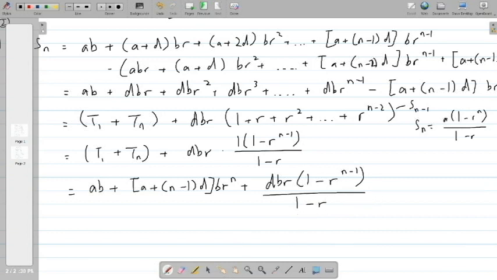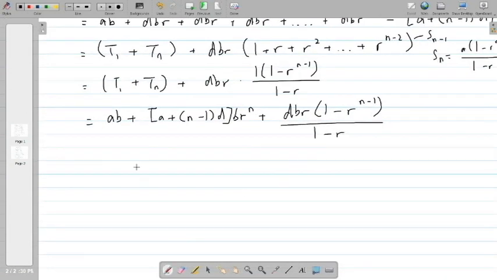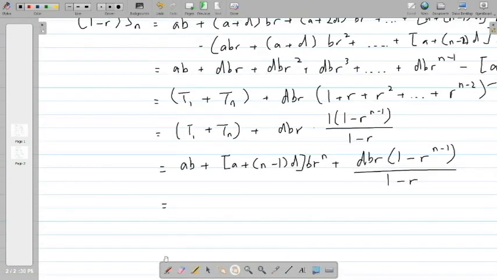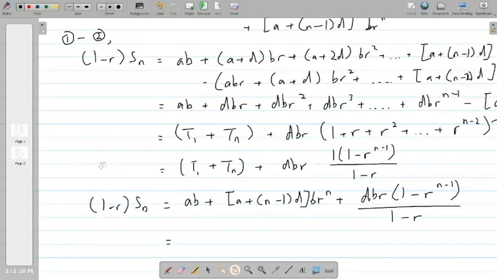Okay? And in fact, this right here is going to be equal to, oh my god, this is going to be so long. All of this, by the way, is equal to 1 minus r, remember, times Sn, because remember what the left-hand side is.